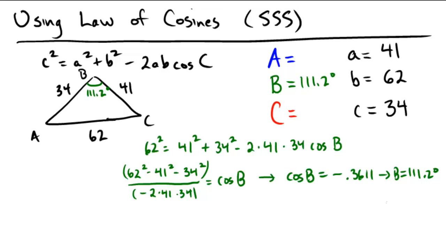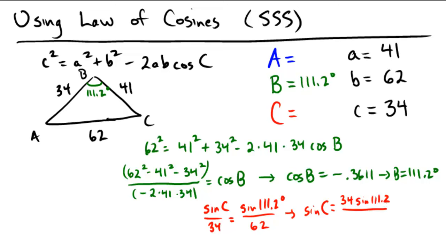So we're going to be finding angle C. Sine of C over side C, which is 34, equals sine of the angle that we found, 111.2, over 62. So therefore, sine of C is going to be equal to 34 sine 111.2 over 62.